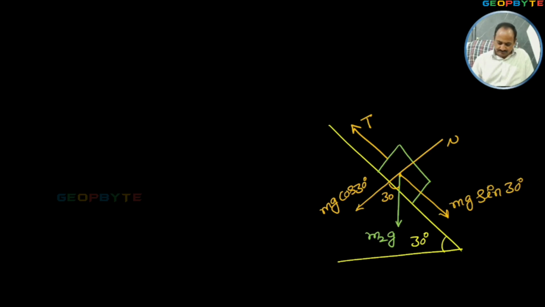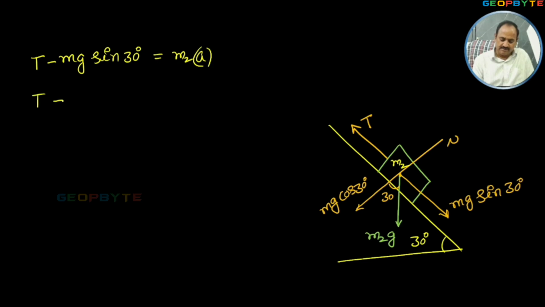Now, since the body is accelerating, T minus mg sin 30 must be equal to mass times acceleration. Here the mass is m2. T minus m2, 1, g 10, sin 30 is 1 by 2, is equal to 1 into a value.